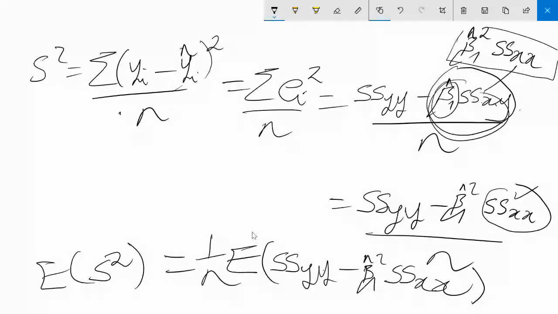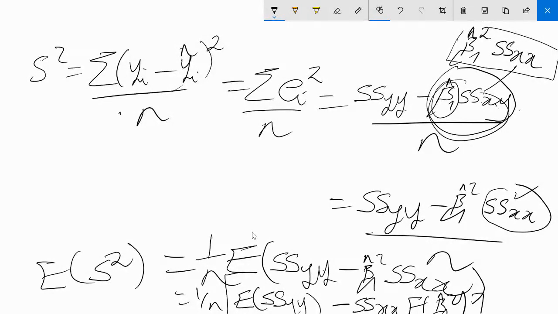Let me write here: we have to find the expected value of SSYY minus, because this is a constant, the 1 over n covers everything, SSXX, the expected value of beta 1 hat squared. So that's what we are going to find. I'm going to do this separately. I'm going to first find the expected value of beta 1 hat squared, and then I will come back and find the expected value of SSYY. And then I plug into this and see what we will get. Is that one clear?